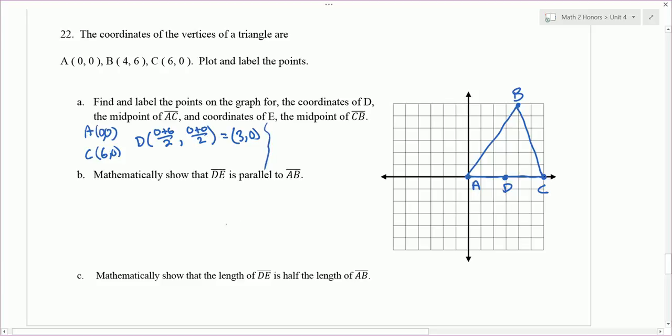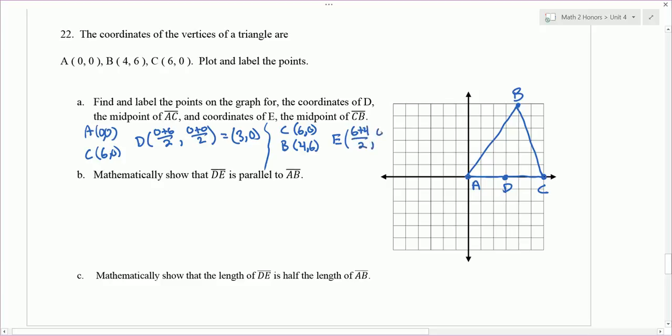Alright, so we labeled the coordinate D, which is the midpoint of AC. Also, we want the midpoint of CB. C is 6, 0. B is 4, 6. So E is going to be the midpoint of those two. You add the x values and divide by 2.